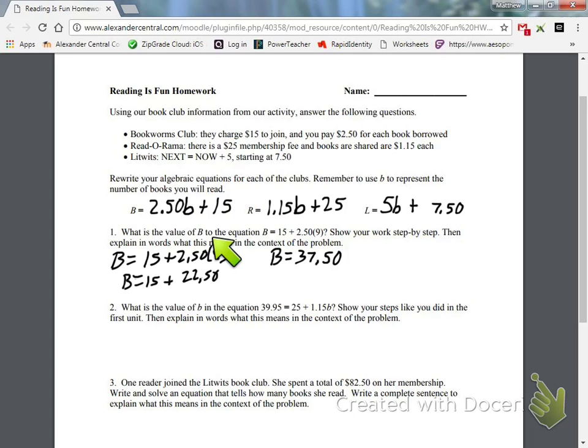We plugged that in for B, right? What did we say B was? The number of books borrowed, right? So we borrowed 9 books. What's 3750? There we go. It tells me how much 9 books cost. If I join the Bookworm Club to check out 9 books, it cost me $37.50.